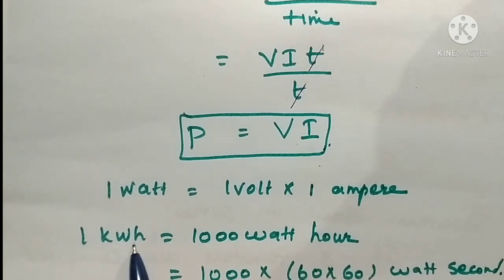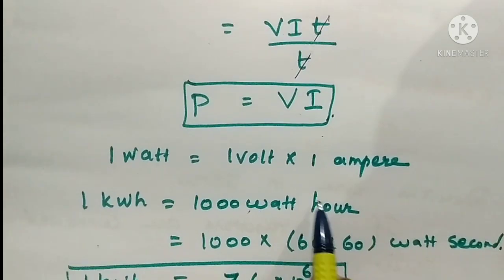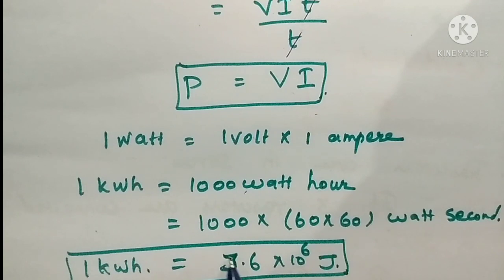What do you mean by 1 kilowatt hour? 1 kilo means 1000 watt, so 1000 watt into hour. If we convert the hour into seconds, 1 hour is 60 minutes, 60 seconds, so 1000 into 60 into 60. Calculating, we get 3.6 into 10 to the power 6 joule.